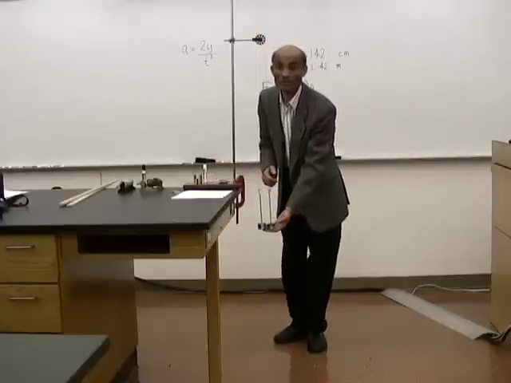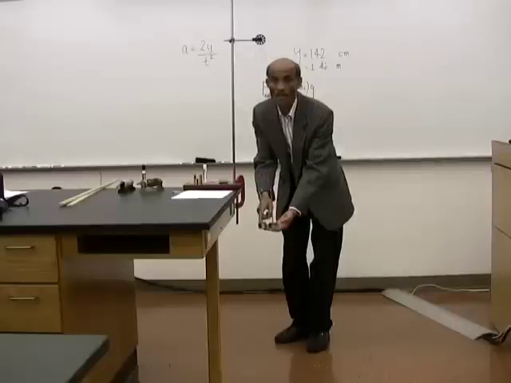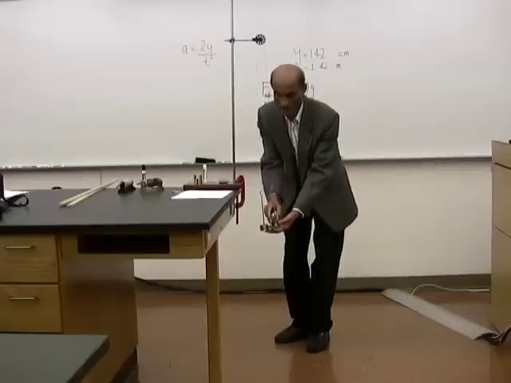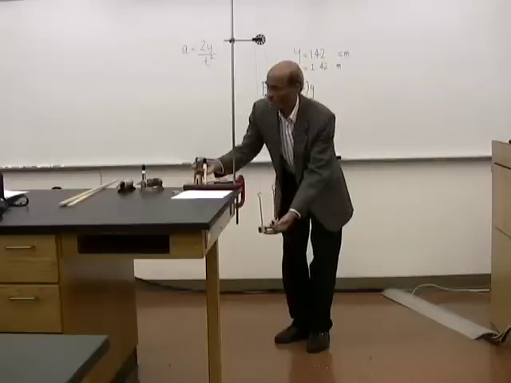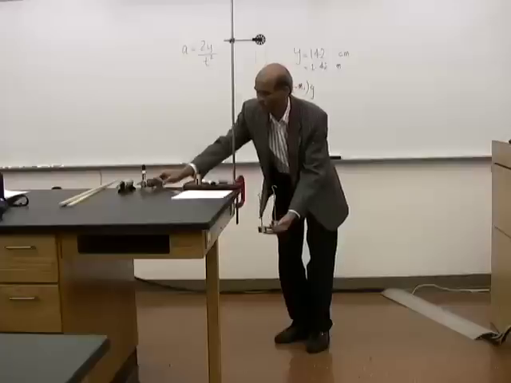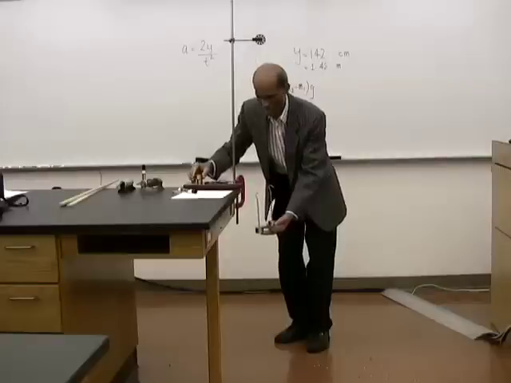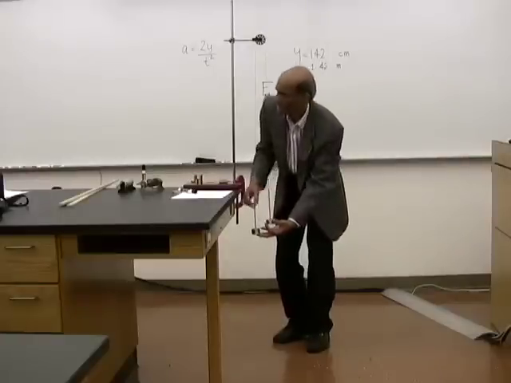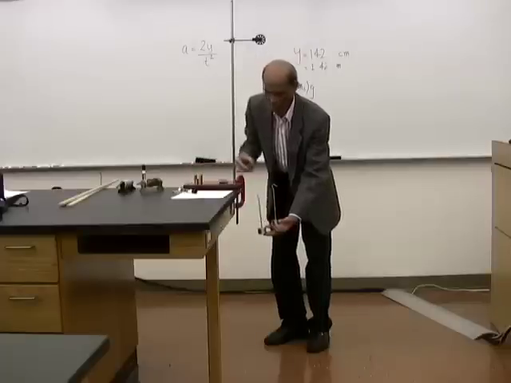Next, we repeat the experiment with M1 equal to 250. M2 also is 250. So I'm going to remove a 50. I removed a 50 and I put a 100 in its place. Do I have another 100 in here? Well, no. So I'm going to put two 50s.